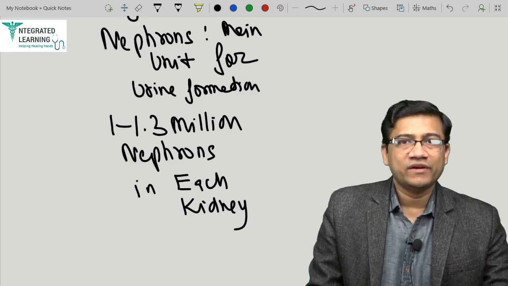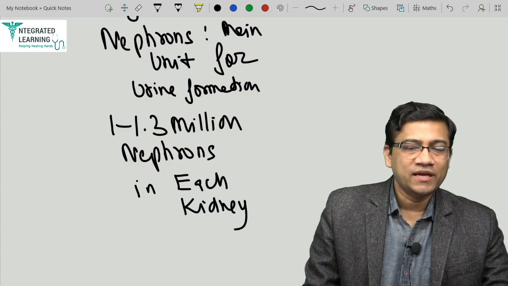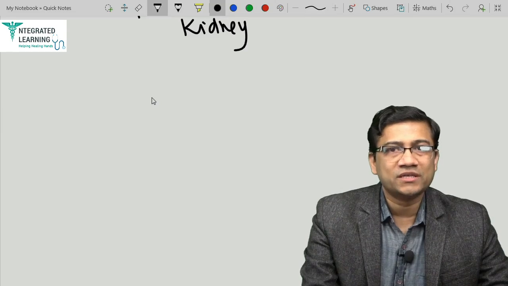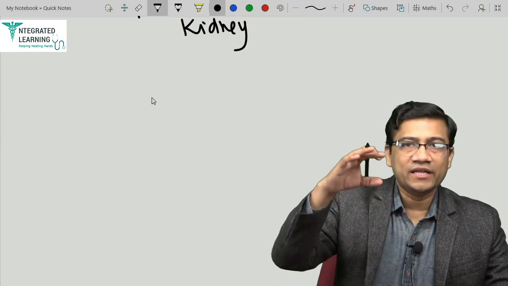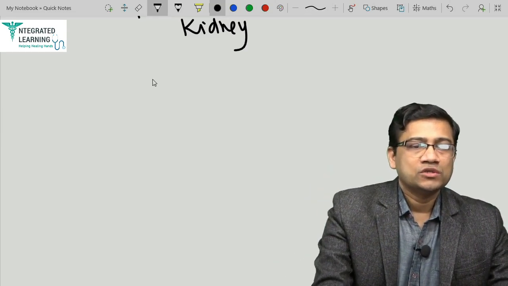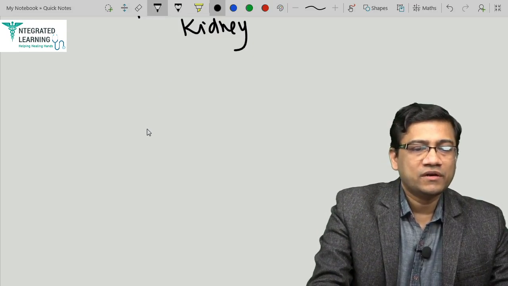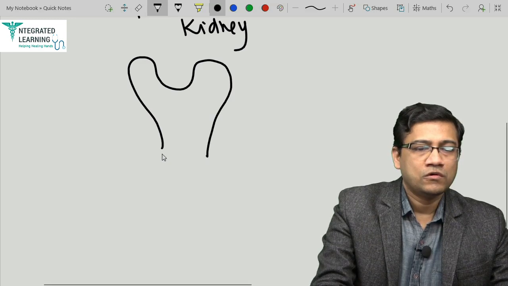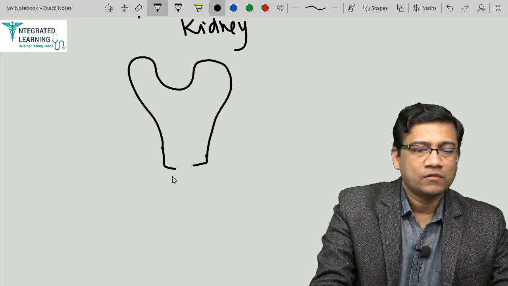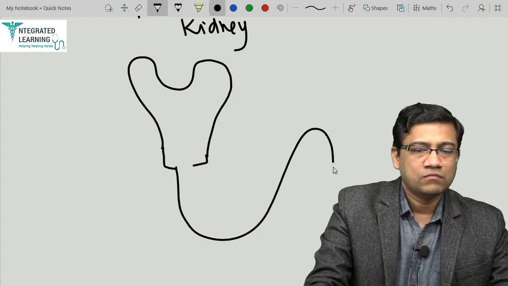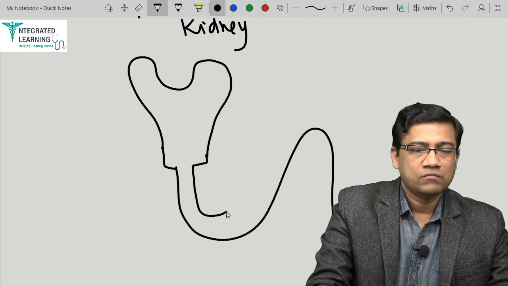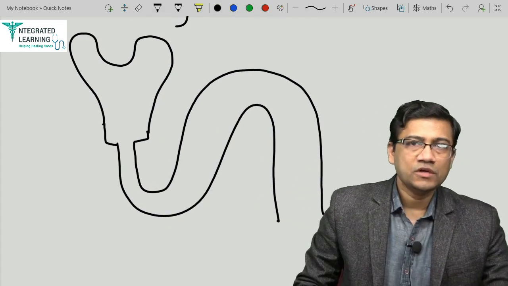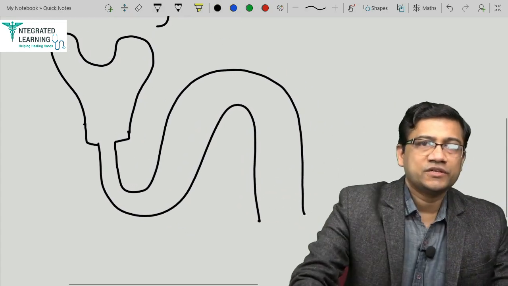Now what are the various parts of the nephron and the kidney? Let's have a look. As we all know, the kidney has two parts, cortex and medulla. So the nephron will lie in either the cortex or the medulla. To make a basic diagram of the nephron, this is the structure I am making.